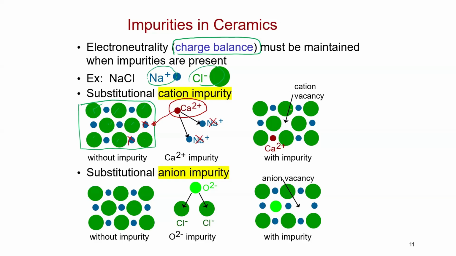When you have a calcium 2 plus cation as an impurity, there is a cation vacancy as well, because 2 went out and just 1 came in. So this is creating an impurity, and also it is creating the defect of a vacancy. Does that make sense? Is it clear?